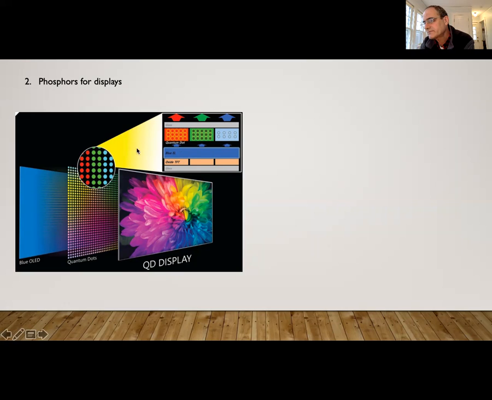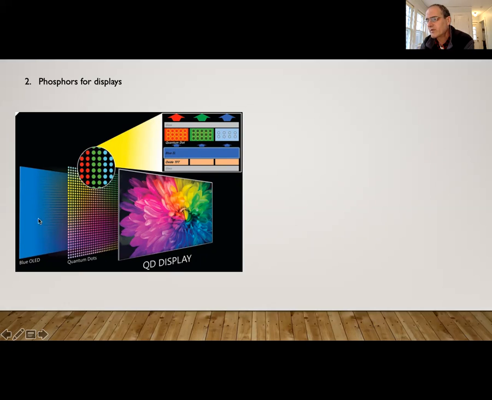And then in front of each pixel in the display, you have quantum dots, either red fluorescent quantum dots or green fluorescent quantum dots, or just blank, no quantum dots in essence. And then when the pixel is activated, you can imagine the quantum dots absorb the blue light and re-radiate red light, or if it's a green pixel, they absorb the blue light and re-radiate in the green, or if it's supposed to be a blue pixel, then the blue light is just allowed to come through.